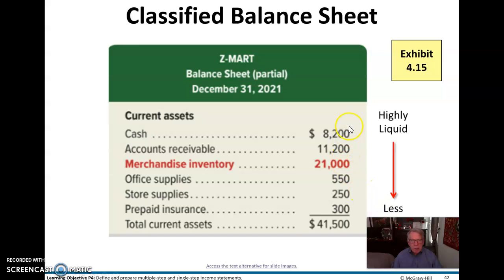We list them in a specific order, and that specific order means that the more highly liquid assets are shown towards the top, and as we go down, it's less liquid as far as being able to be converted into cash. The slower it's converted into cash, the less liquid that asset is.